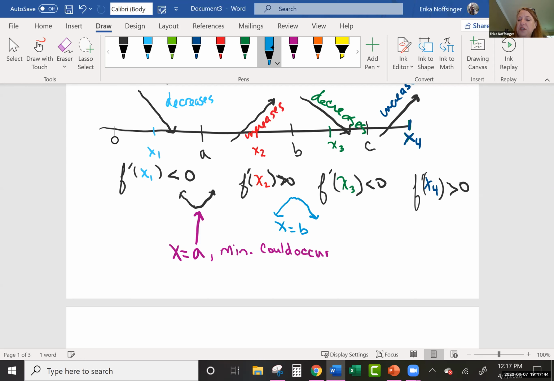So at x equals b, it looks like a max can occur. And we can do the same sort of reasoning for C. If we have something that is decreasing on the left of C and then increasing on the right of C, then it's possible, but not necessarily true, that that is a min at x equals C.